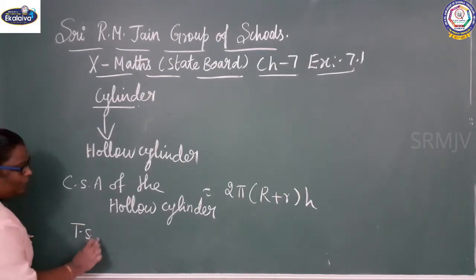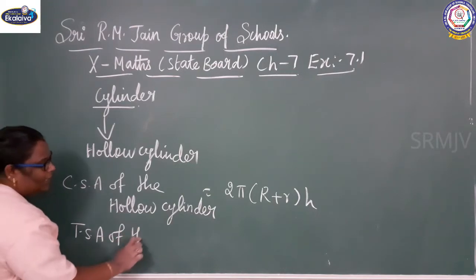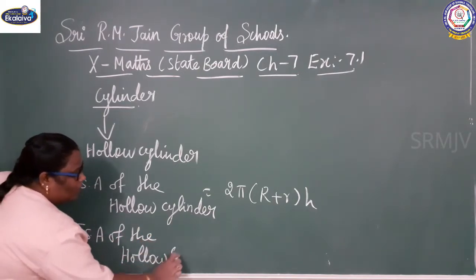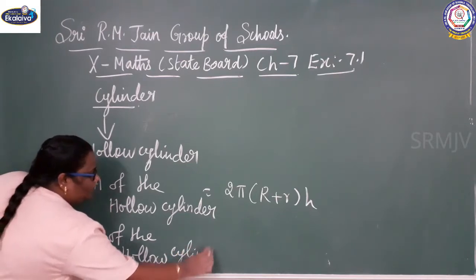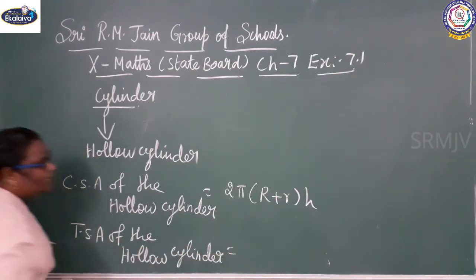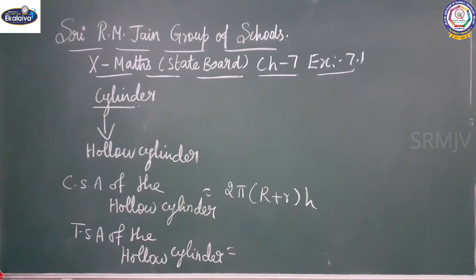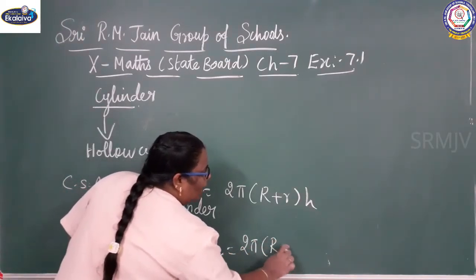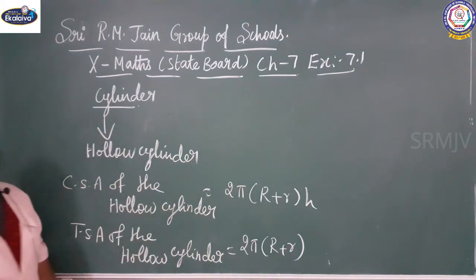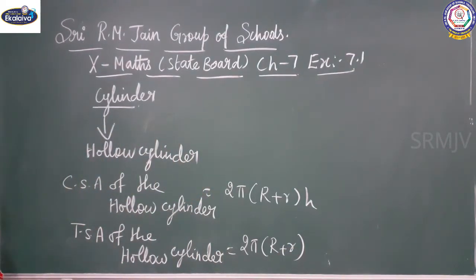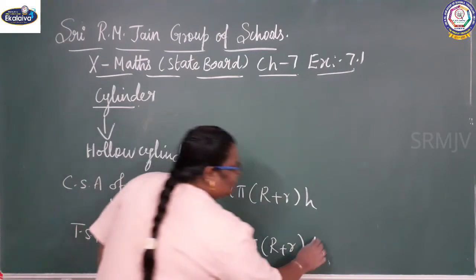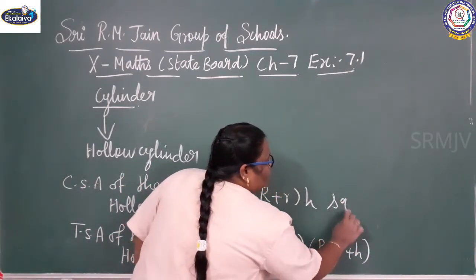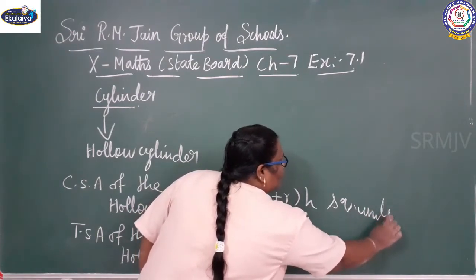Next, the total surface area of the hollow cylinder equals 2 pi into (R plus r) into (R minus r plus h) square units.